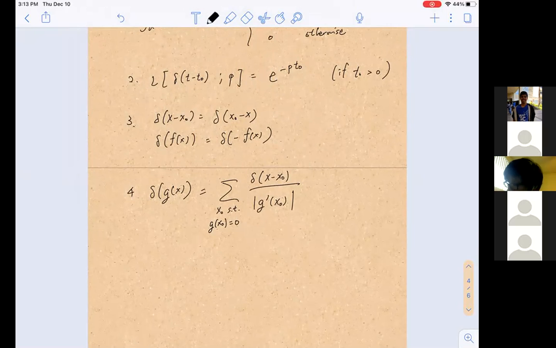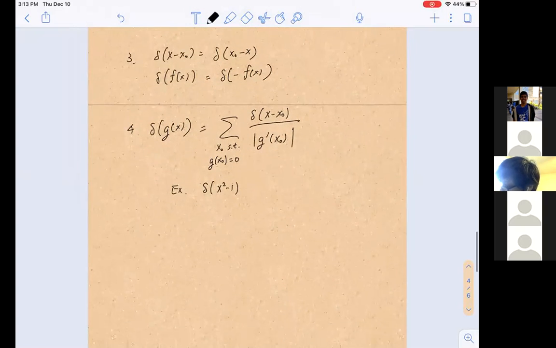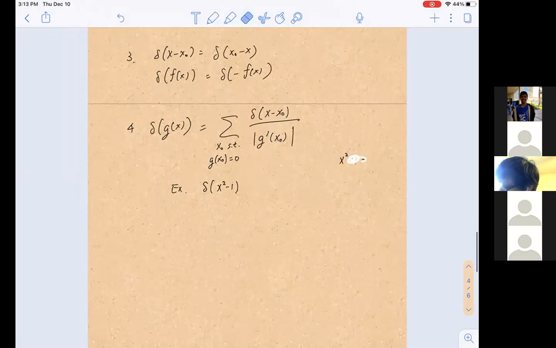Okay, so like an example, delta of x squared minus 1, for example. Okay, so there are two zeros of this: x squared minus 1 equals 0 means x equals plus minus 1.